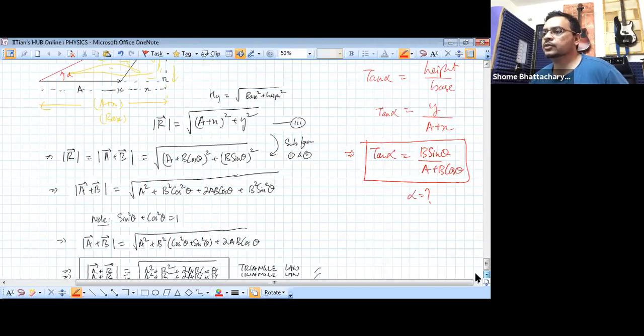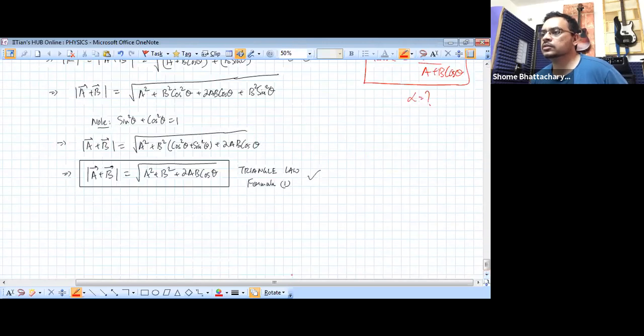So that is the second part of the triangle law formula: tan alpha is equal to b sine theta upon a plus b cos theta. So formula 1 gives us the magnitude of the resultant, and the second formula gives us the direction, or the angle it is making.